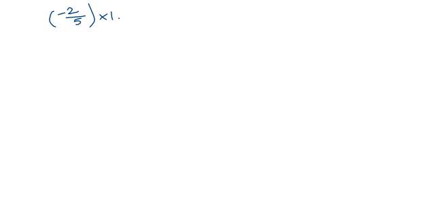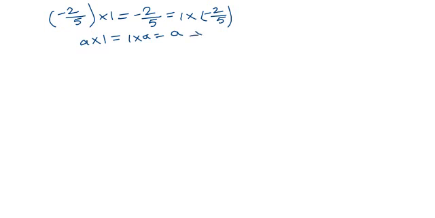So how does it look? a into 1 is equal to 1 into a, which is equal to a. That is a multiplicative identity again.